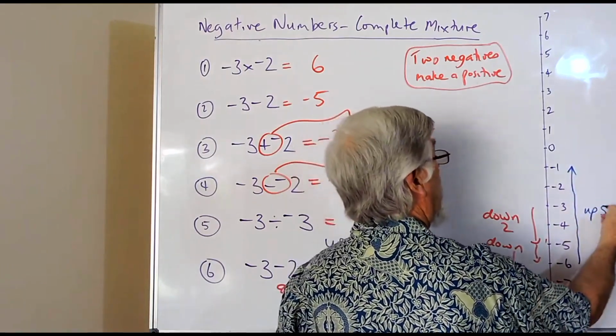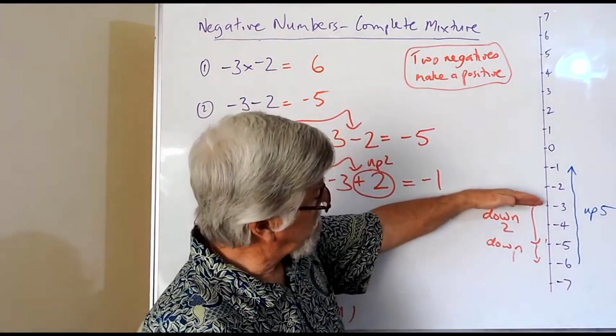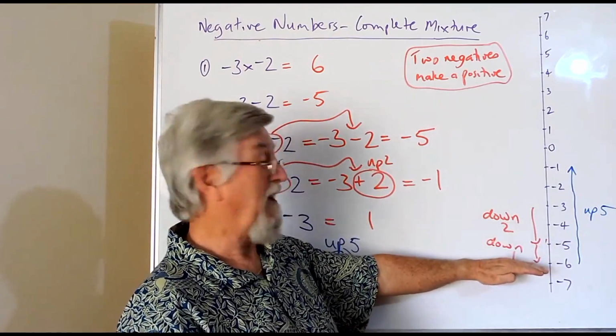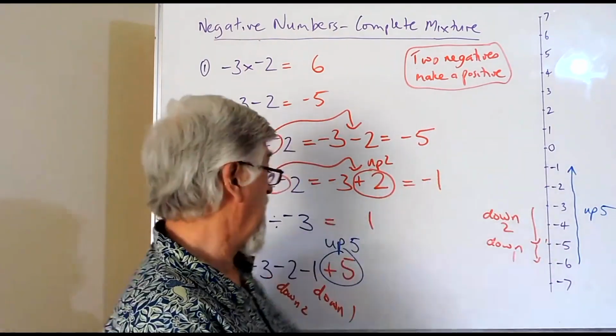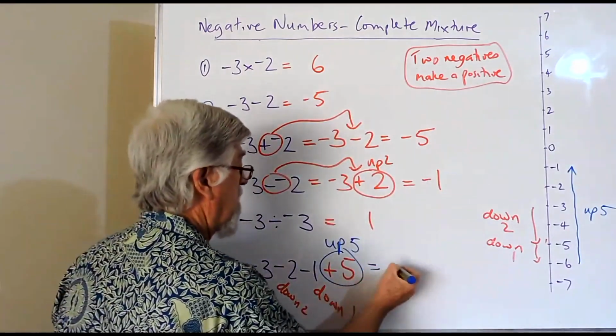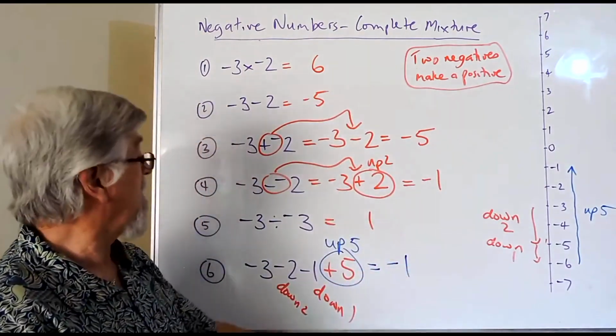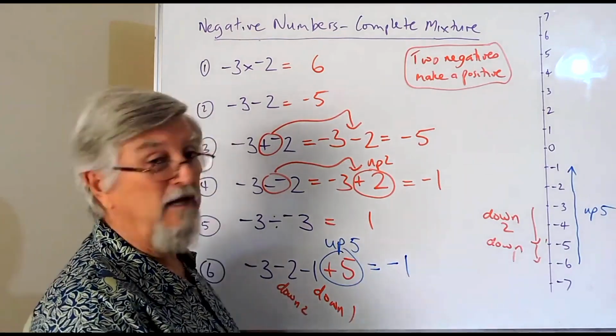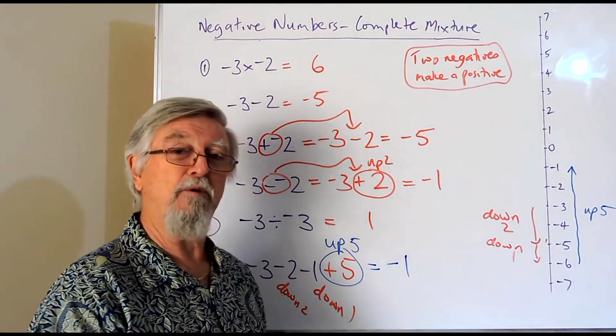There's my up 5. So I started at minus 3, went down 2, went down another 1, and then I come up another 5, and I end up at negative 1. After this we can go to further and further mixtures, but really that's the basics of all of it, and that's where most people get mixed up.